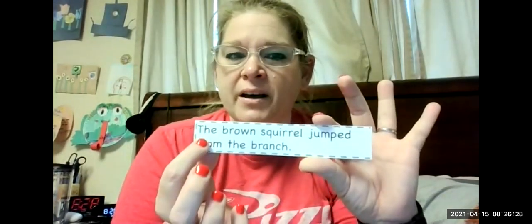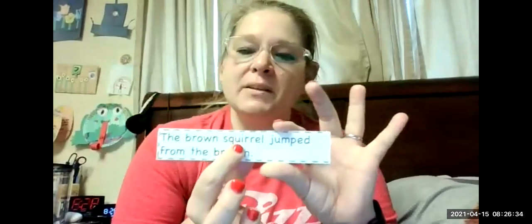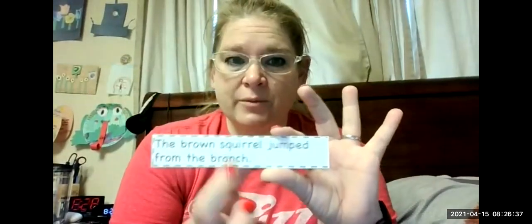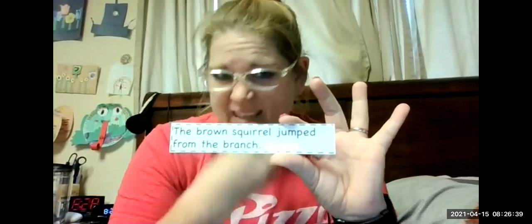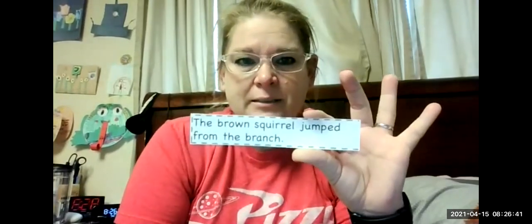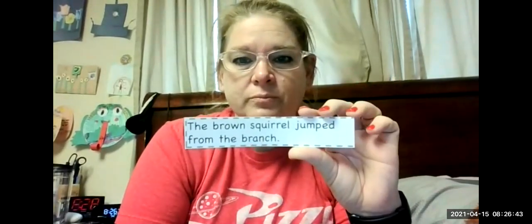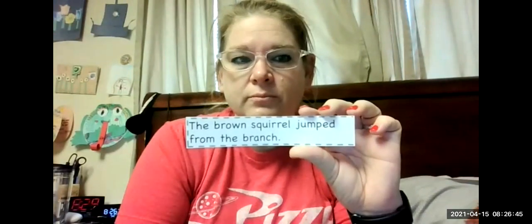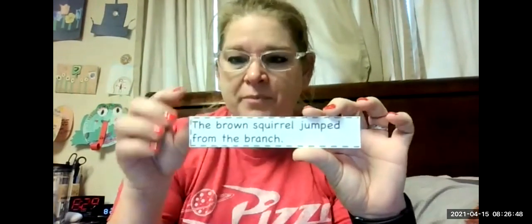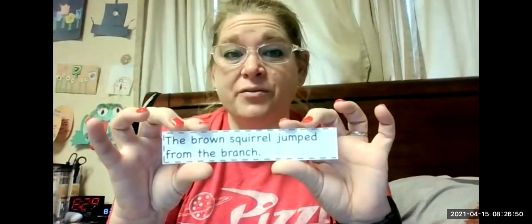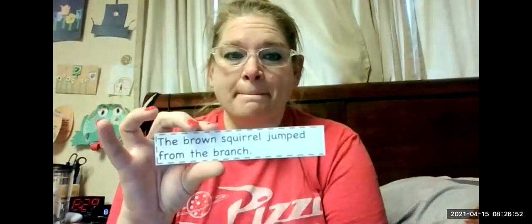And the word the is a special little part of speech called an article. You guys haven't learned about that yet? But squirrel is the noun. Now, what is the predicate of this sentence? Jumped from the branch. Good. And what is the verb of that predicate? Jumped. Very good.